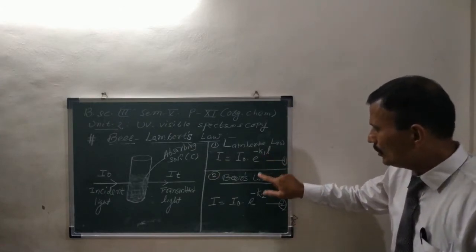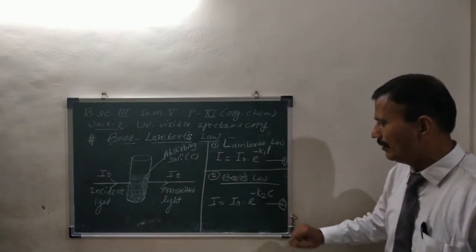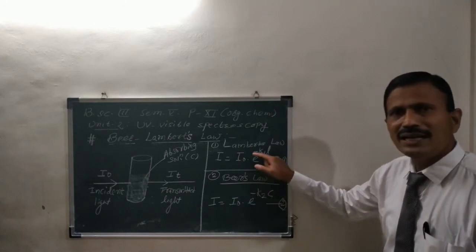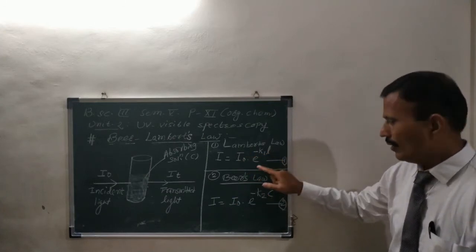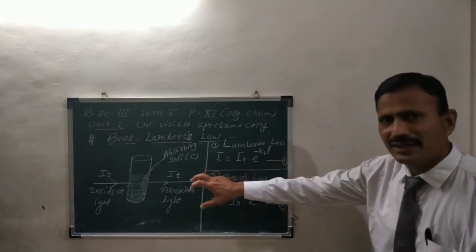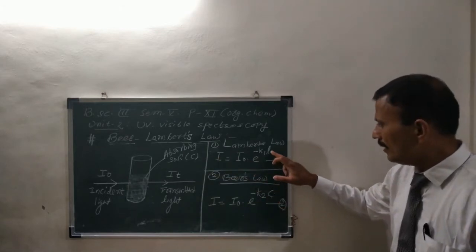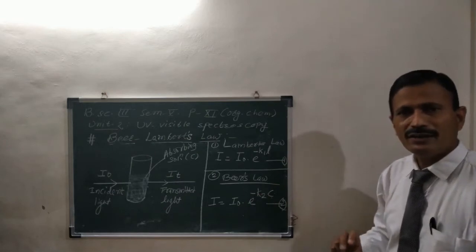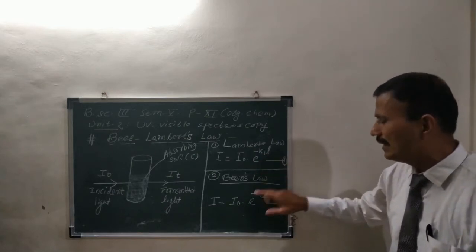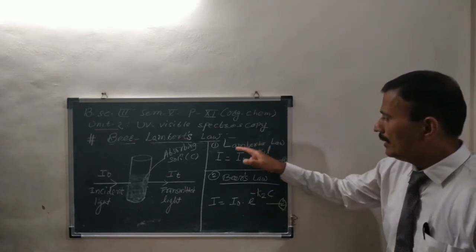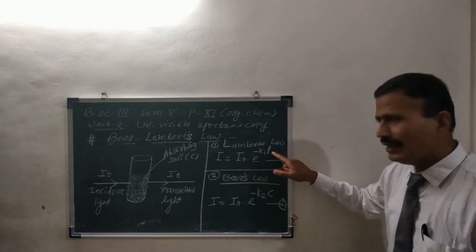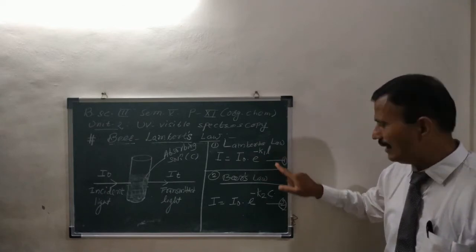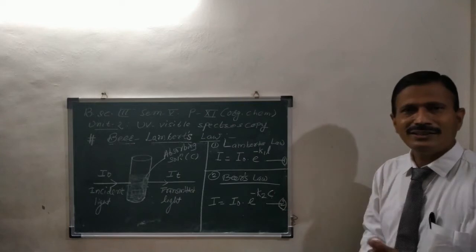When you look at these two laws, it is seen that there is an exponential decrease in the light which is made incident. That's why we have put the negative sign here; the negative sign indicates a decrease. So intensity decreases exponentially with respect to path length and with respect to concentration.